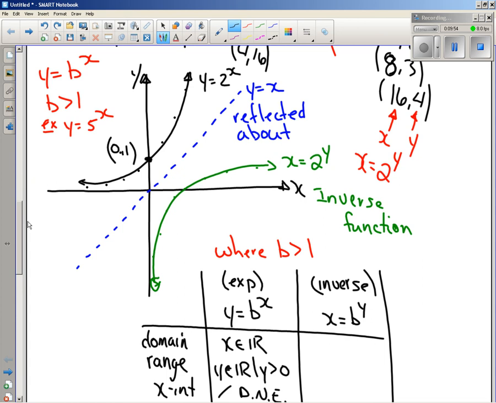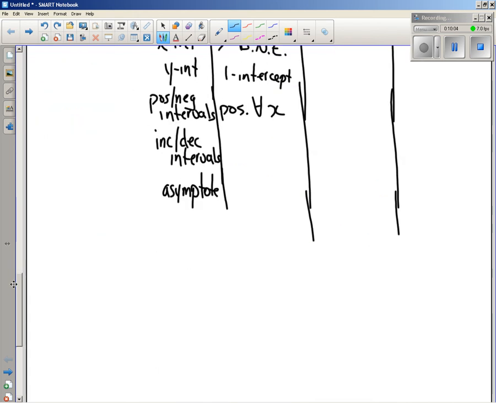But looking at this one, it is positive and it's increasing the whole time. Our slope is getting bigger the whole time. Okay, so we can say it's increasing for all x.